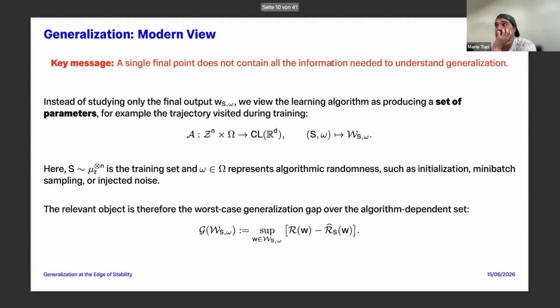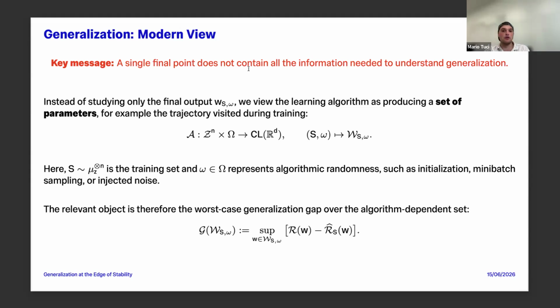So there's a different line of research, which is grounded also in Umut's work, who is here today. Maybe when I look at just one weight point, like maybe the final iterate, it might not be enough information to say something about generalization.